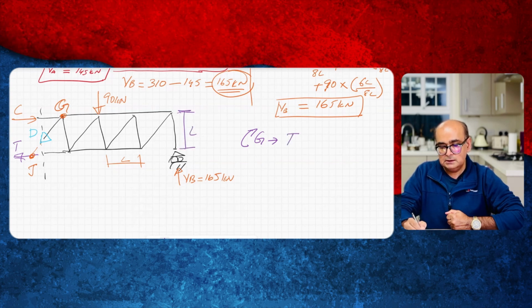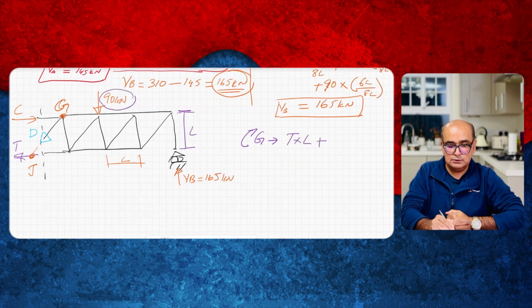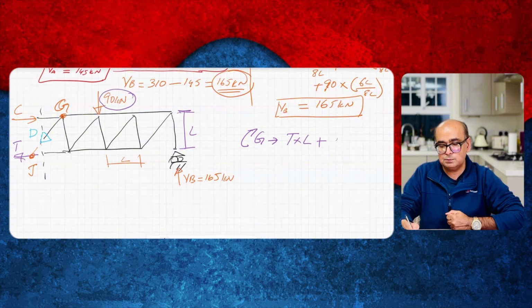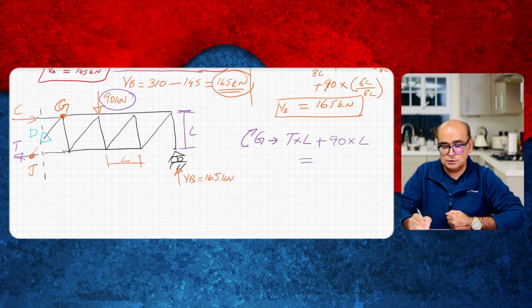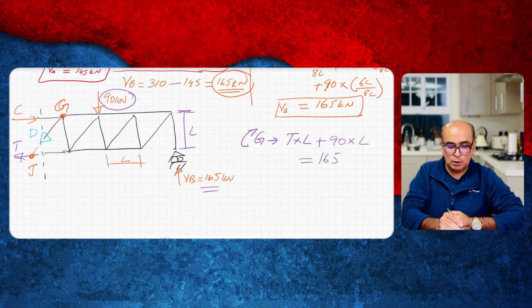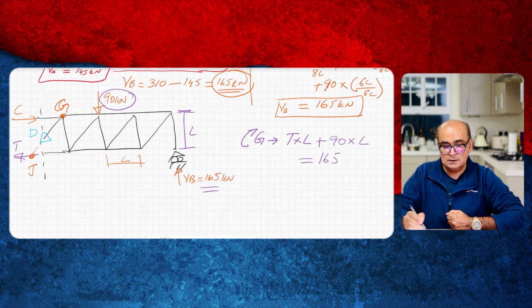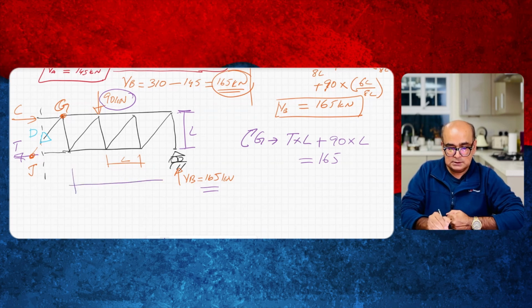So T times L plus I have this 90 kilonewton. It is creating clockwise moment as well. So 90 times L is equal to 165, which is the reaction, and reaction is creating moment with respect to G, and the distance between B and G is this distance.